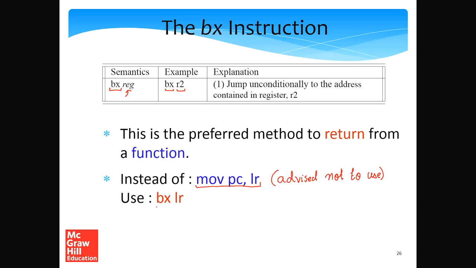But if the BX instruction is provided, which is the case in at least most ARM processors, what we are supposed to do is BX LR, which basically means take the address that is there inside the link register and jump to it. So instead of moving LR into PC, which is what we saw in the previous slide, a much better idea is to use BX LR, where we jump directly to the contents of the LR register.